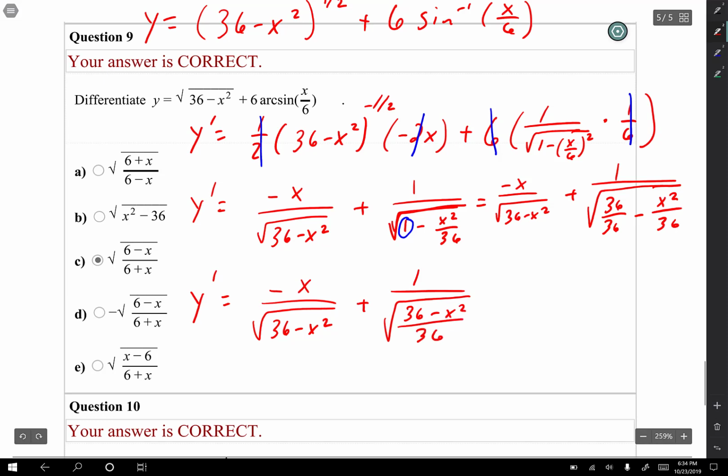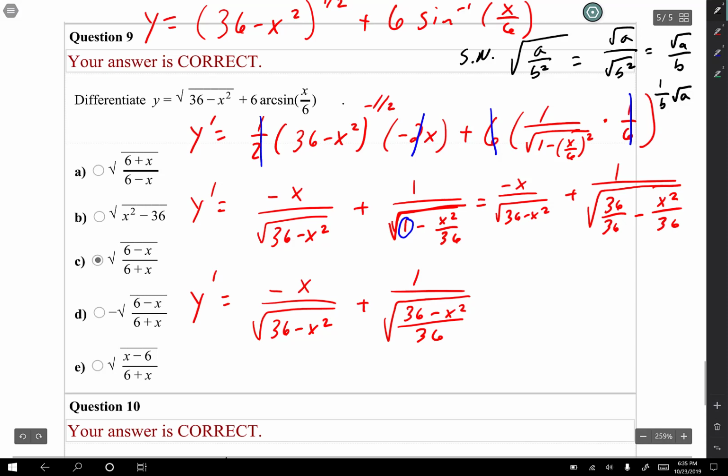Now, side note, I'm going to put the side note right here. Remember when you guys had algebra 2, they told you square root of a over b squared, that's the same thing as saying square root of a over the square root of b squared, which was square root of a over b. And of course, you can have it written like that, or you can have it written as 1 over b times the square root of a. So I just want you guys to know that.